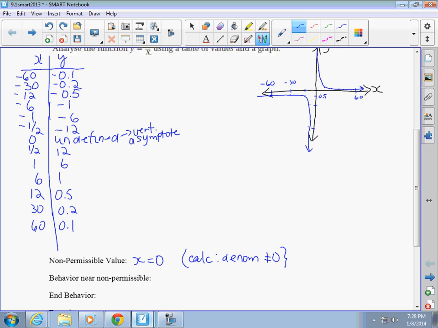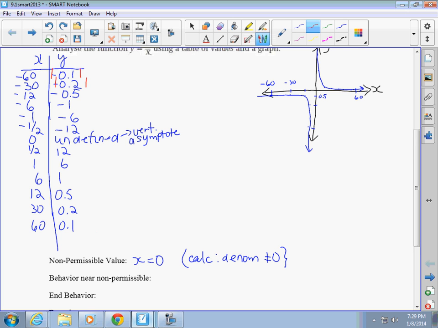So my end behavior is, okay, what happens to the end of that graph? Well, what's happening here is as x is getting closer and closer to 0, I start here, it was at negative 60 going to negative 30, then to negative 12, negative 6, negative 1. What's happening is that the absolute value of the y is becoming larger and larger and larger. So as my x is getting closer to 0, if I take a look at the absolute values of these, if I put absolute value signs around them, it's getting bigger.